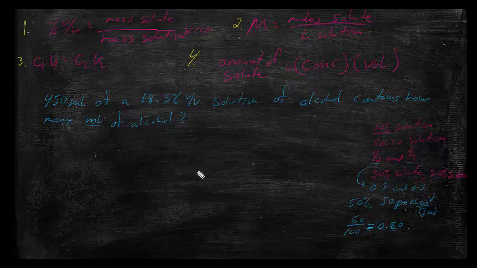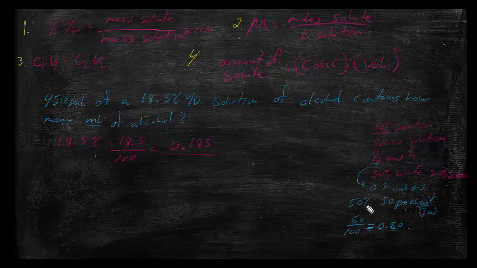So with percent concentrations, 18.5% equals 18.5% per 100, which is 0.185.